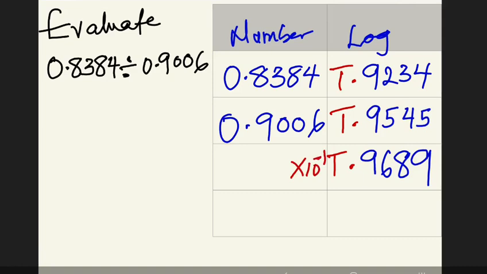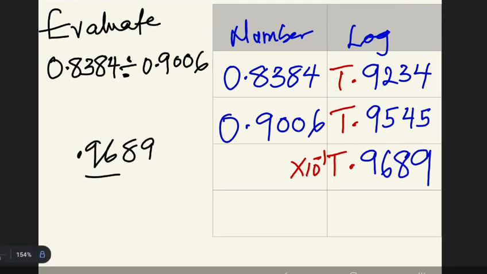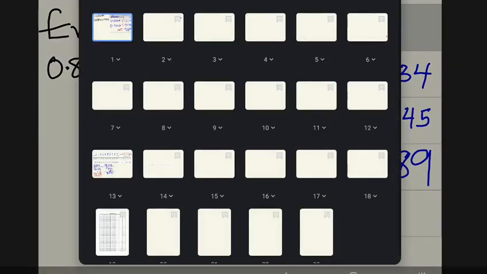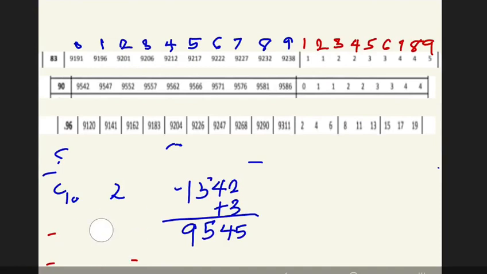Then find the antilog of 0.9689. So 0.96 under 8, difference 9, will give us our final answer. Let's go there and do it.